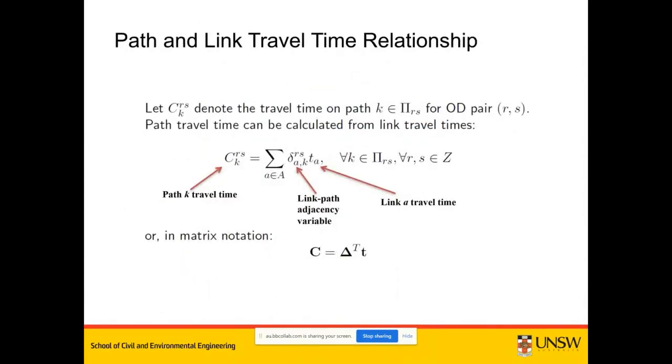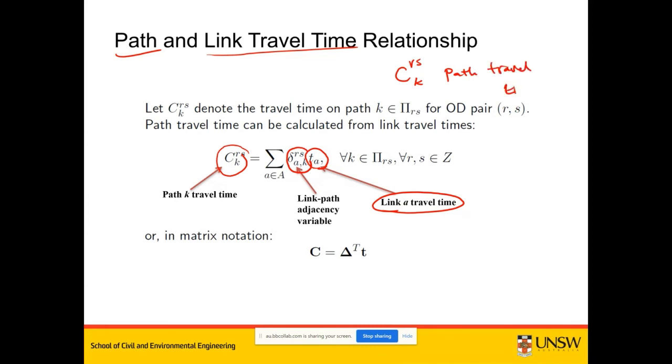We can also put a similar relationship between path and link travel times. If TA is the link travel time, and again this delta RSAK is the link-path adjacency variable, how can I get the path travel time? Capital CRSK represents path travel time.